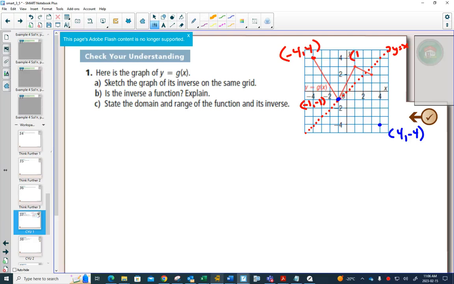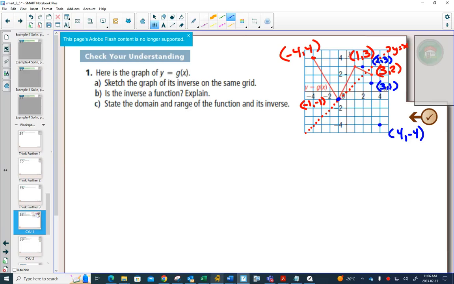This point up here, which is at 1, 3, is now at 3, 1. And finally, the point that was at 3, 2 would now be at 2, 3. So graphically, if you have coordinates and you just switch them, that becomes really easy.